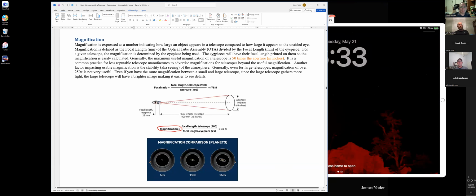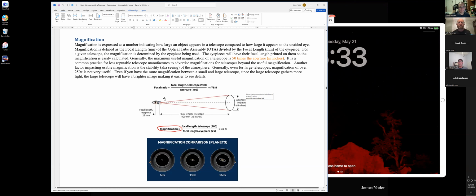So anyway, what is magnification and how do you calculate it? Well, magnification is the focal length of the telescope, here's an example, a focal length of 900, over the focal length of whatever eyepiece you have in here. In this case, it's a 25 millimeter eyepiece. So magnification for this combination would be 36. 900 divided by 25 is 36.